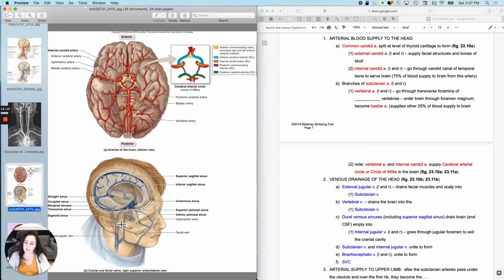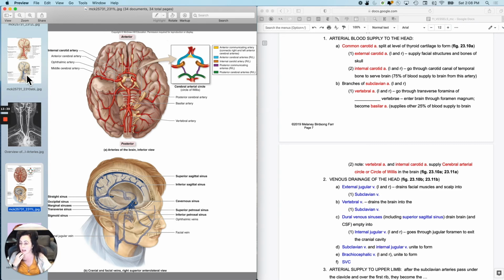And then importantly, all of the sinuses that were inside the head are going to gather to dump into this big vessel right here, which is called the internal jugular vein. The internal jugular vein is going to drain left and right, going to drain the vast majority of blood from the inside of the head.